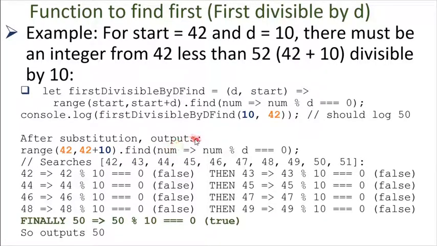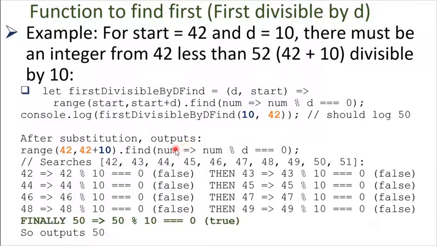Is 43 % 10 equal to 0? It's not. Then it plugs in the next one, 44, which also gives false, and it keeps going until you plug in 50, in this case, where this evaluates to true.